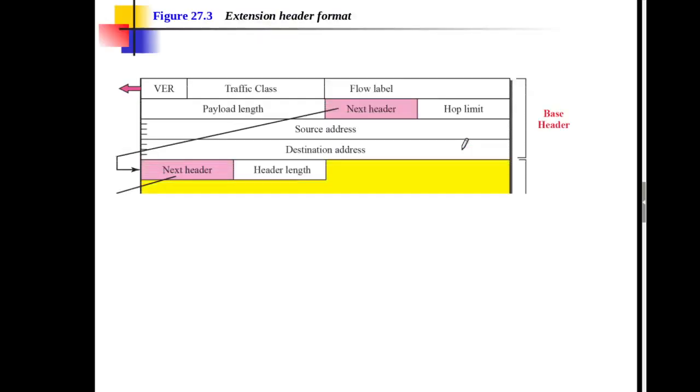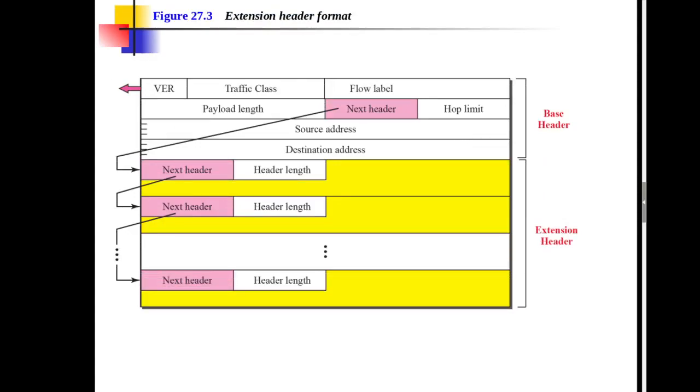Now, this is the next header. You can understand what is happening. So if you have this next header, in this next header you will have the address of this thing, right?